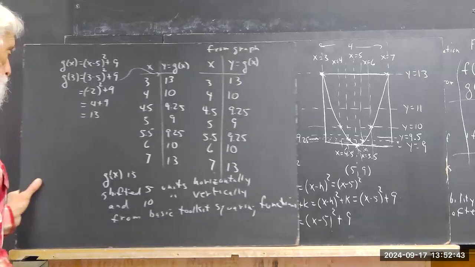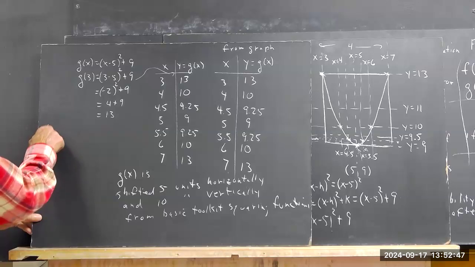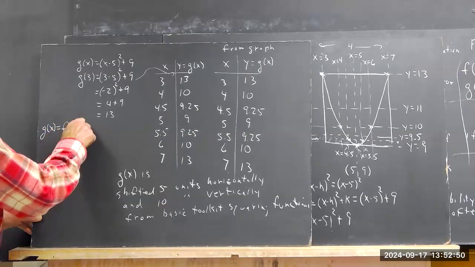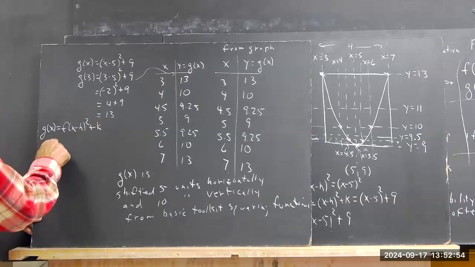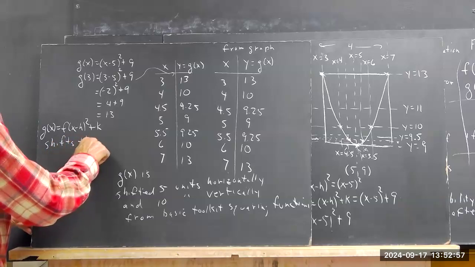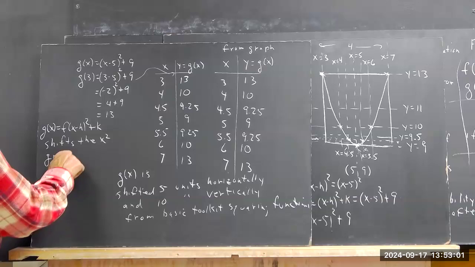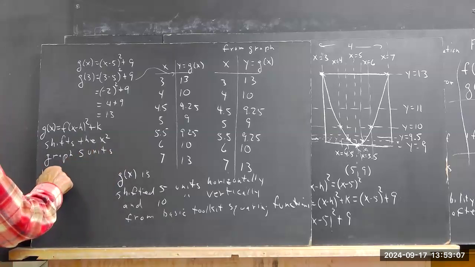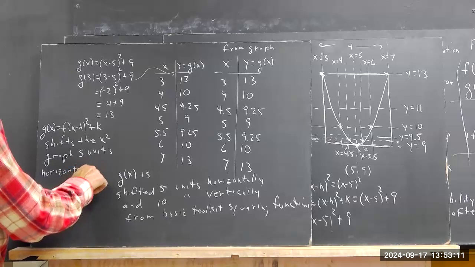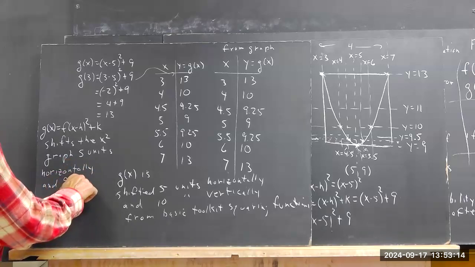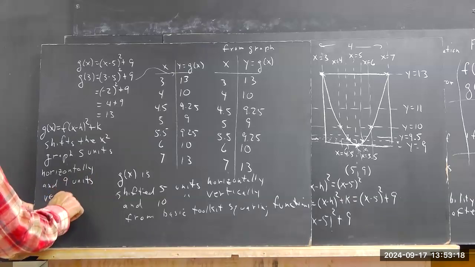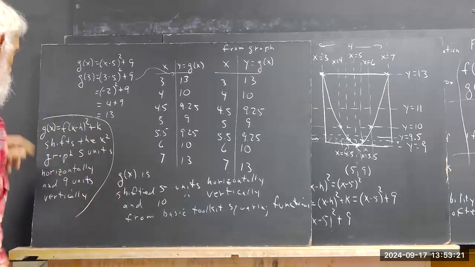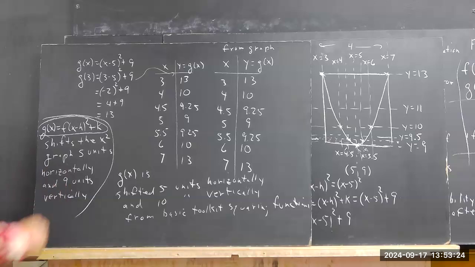Okay, so I'm going to say that statement: f of x equals quantity x minus h squared plus k shifts the graph 5 units horizontally and 9 units vertically.